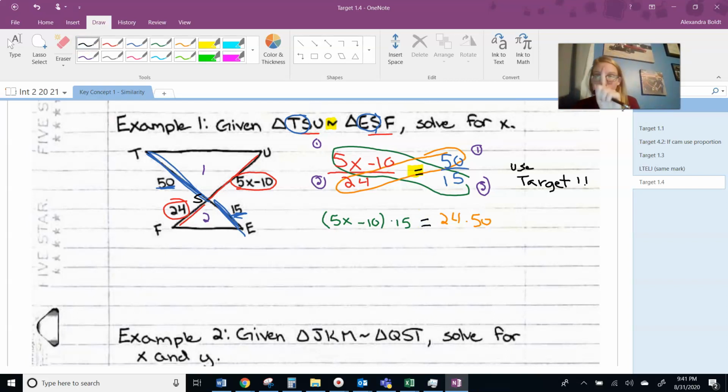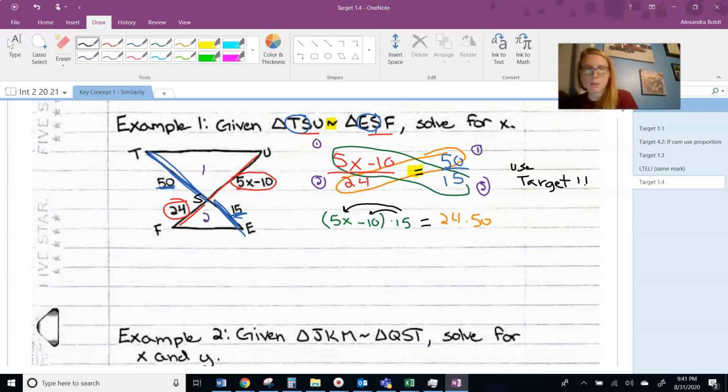And again, what that target 1.1, that cross product property tells us is that those are equal. Distribute. So 15 times 5, again, feel free to use a calculator. For sake of time, I'm simply going to just tell you what the answer is. But again, if you need a calculator for any of these steps, feel free to use one.